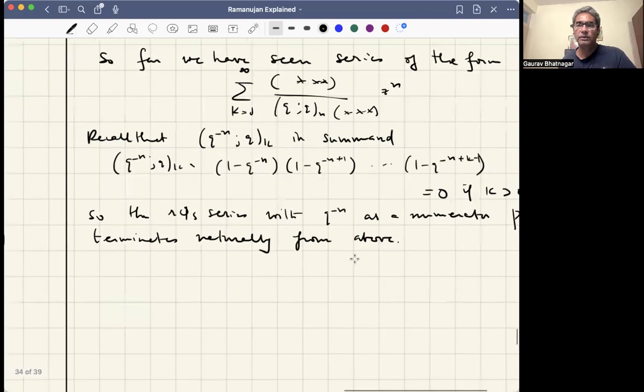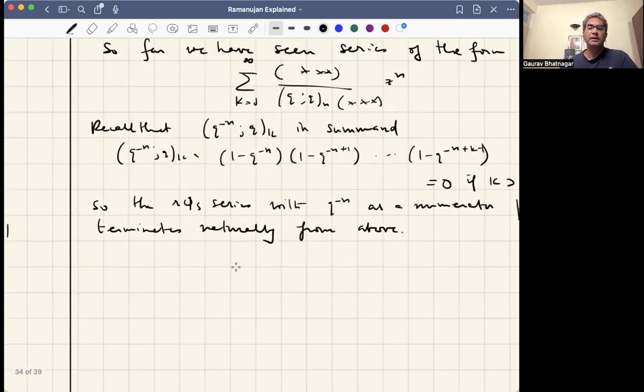So the sum goes from 0 to n if it has something like this, and we'll claim that the factor 1 over (q;q)_k makes the series terminate naturally from below.